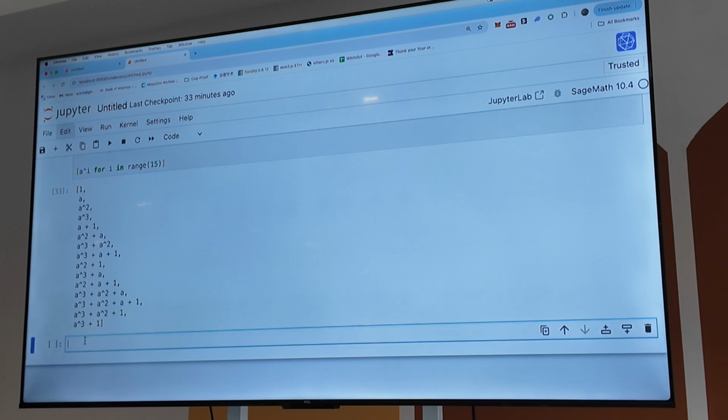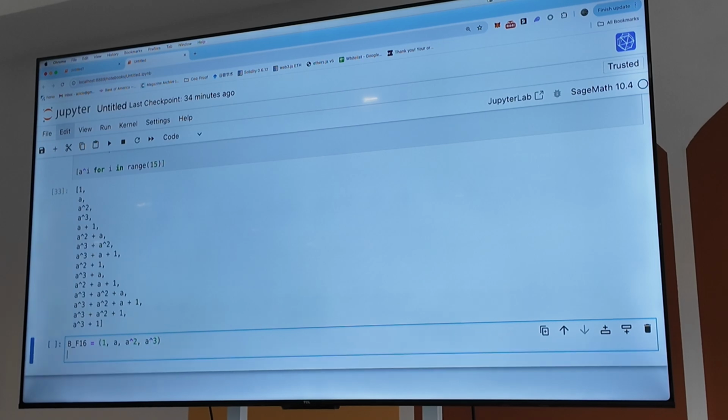And then we can also have a basis of this vector space, identical to F16. The truth is we can have many different bases, but we can choose one that is easy to understand: 1, a, a squared and a cubed.